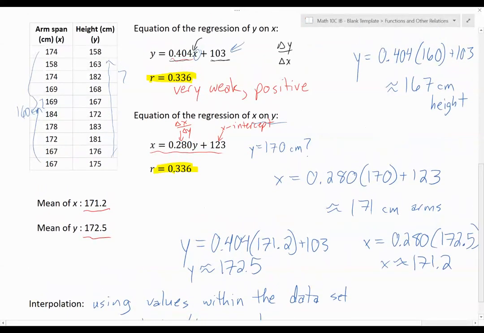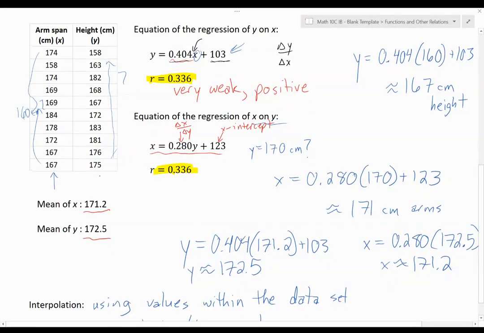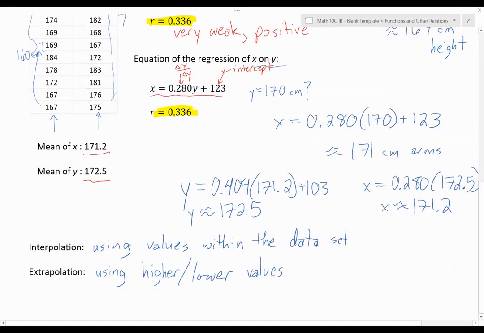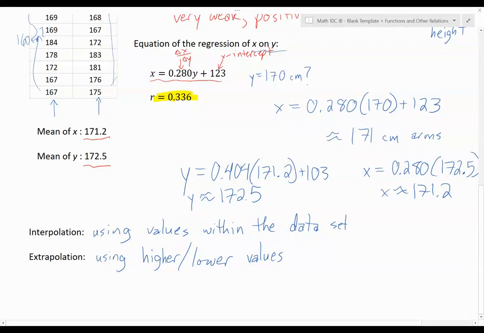So if x equals 0, well, 0 is well outside the range of the values that I actually have for arm span and for height. So if I'm using 0 or even a number that's quite a bit larger, like predict the arm span of somebody with a height of 212 centimeters, that would be an extrapolation. It's going outside. We have to be much more careful with extrapolation because typically our equations of regression will have a limited domain and range within which it is appropriate to use them to predict.